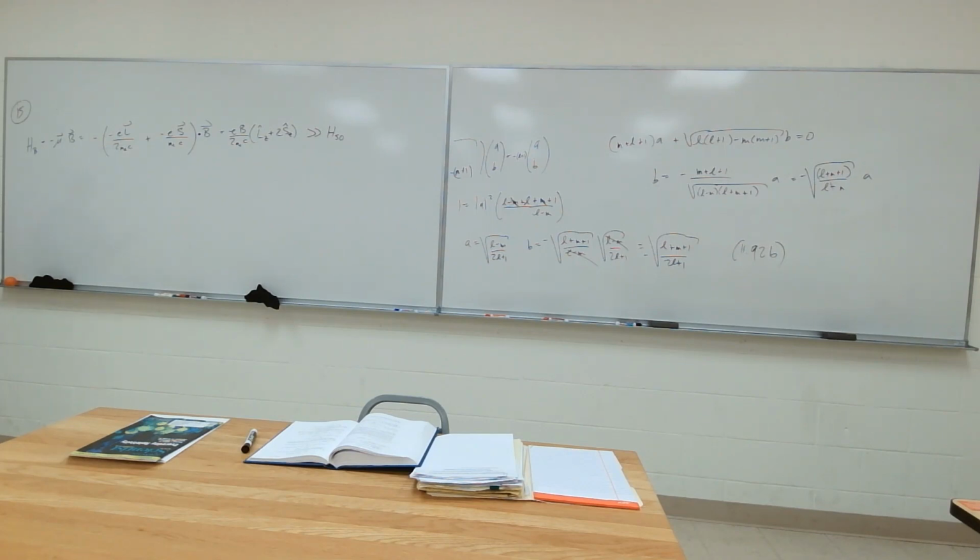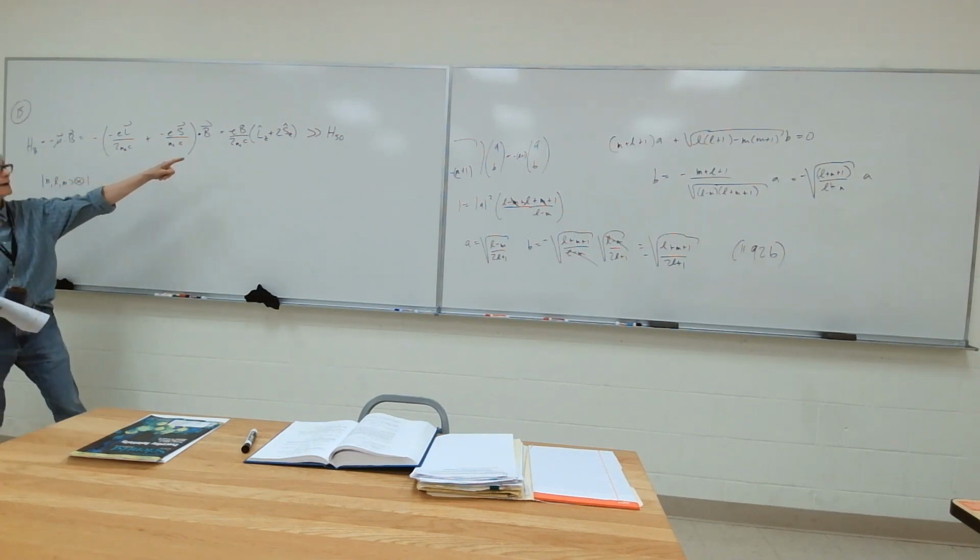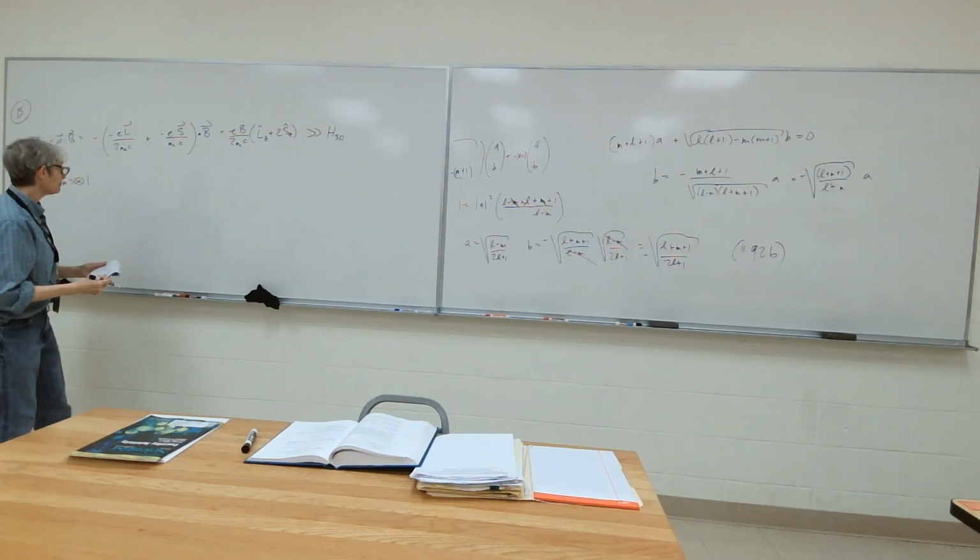Okay, so if it's very big compared to spin-orbit coupling, then we can just ignore the spin-orbit coupling, which means we know what the energy eigenstates are. They're the energy eigenstates of the hydrogen atom, which are |n, l, m>, outer product with the eigenstates of the spin part of the Hamiltonian.